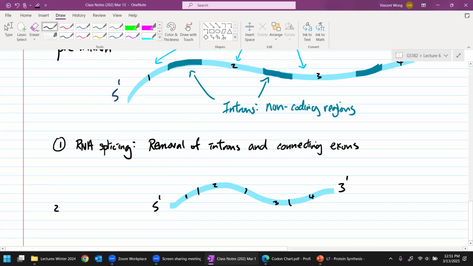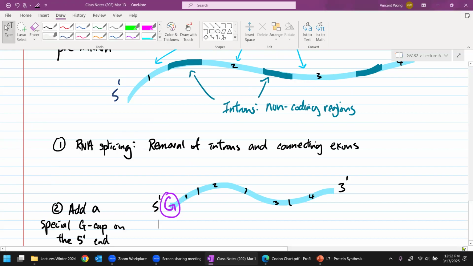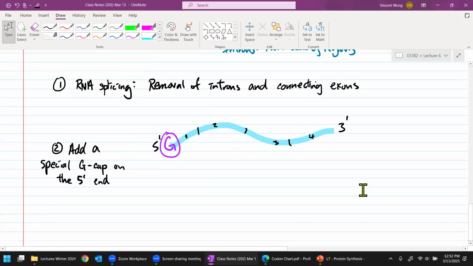Okay, so step number 2, add a special GCAP on the 5 prime end. So we put a special G right here. The G is just the guanine that we are used to, but it's modified guanine. So we just call it a GCAP.